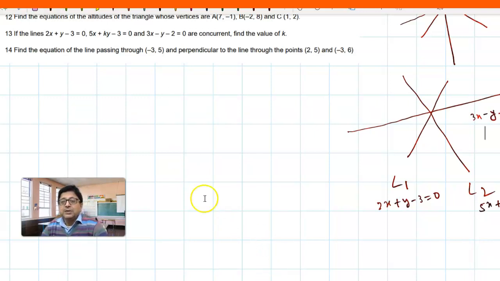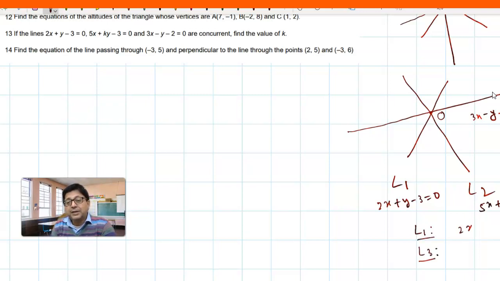Now, to get the point of concurrency, we need to solve any two of the equations, and then to find the value of k, we use the third equation. Solving will be easier for line 1 and line 3 to get the point where they meet. Since they are concurrent, this point will lie on line L2, and from there k can be determined.